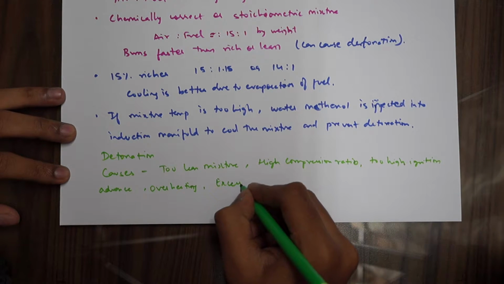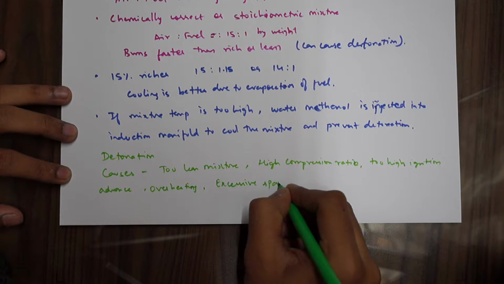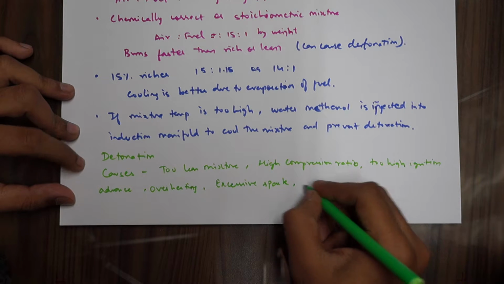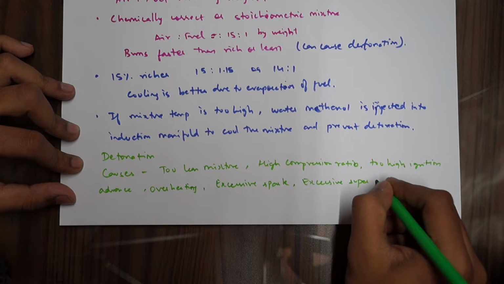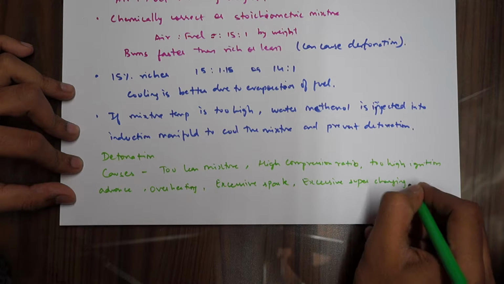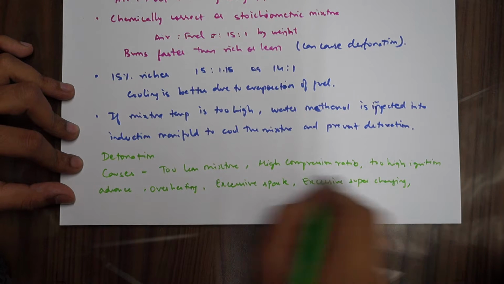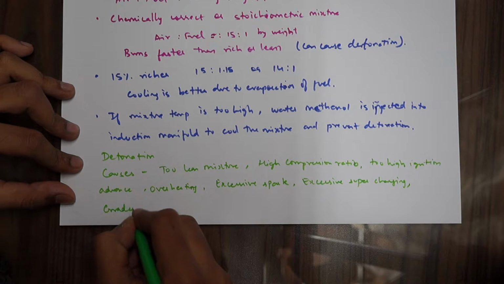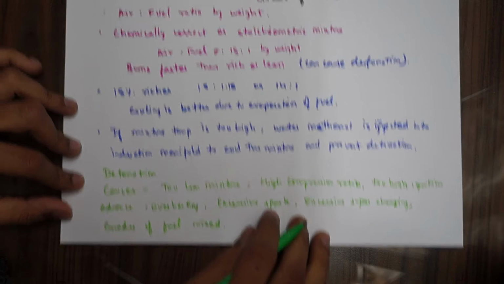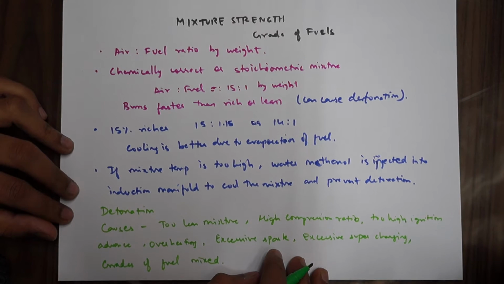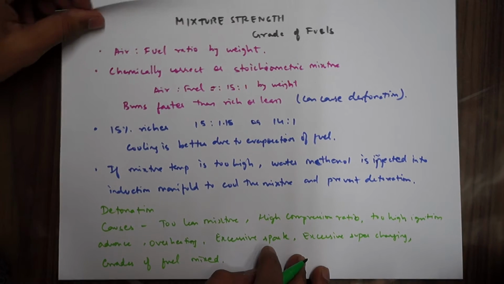Excessive spark, excessive supercharging. We'll discuss supercharging coming up soon. And if you use different grades of fuel mixed, basically if you don't have the right fuel in your fuel system, that's also going to cause detonation.